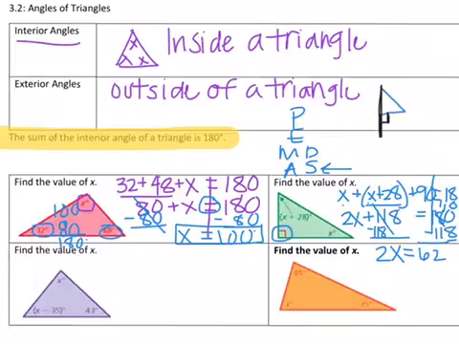The last thing we do is one step up on order of operations, multiplication and division. Well, 2 is multiplying to x, so what we do now is divide. We do the opposite action. So x is equal to 31 degrees when you do 62 divided by 2. So that is what the value of x is.